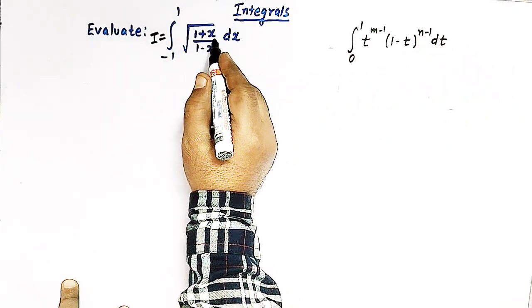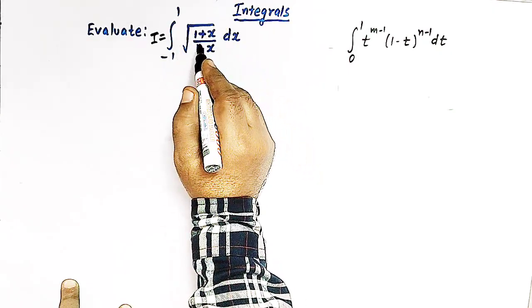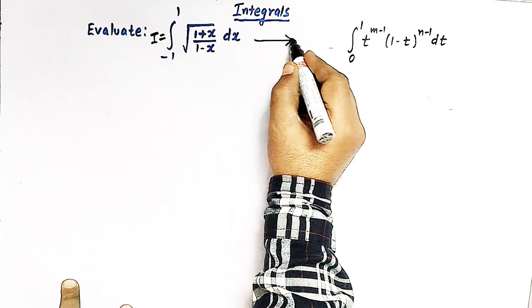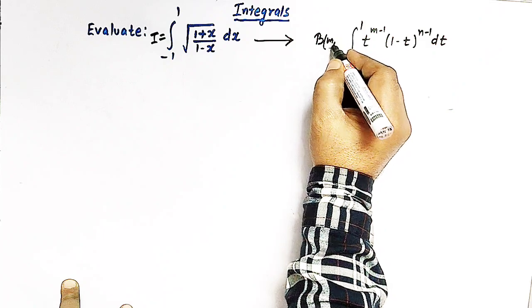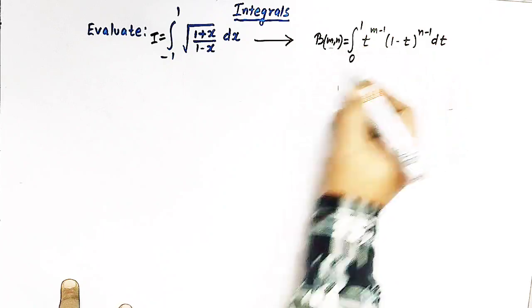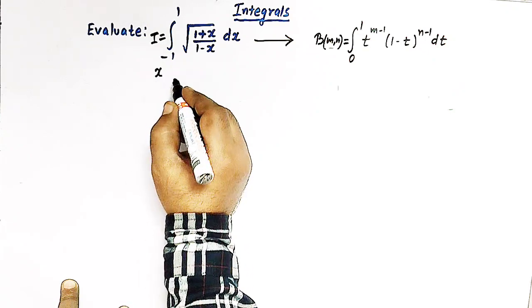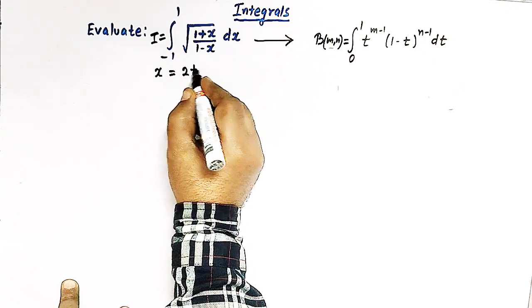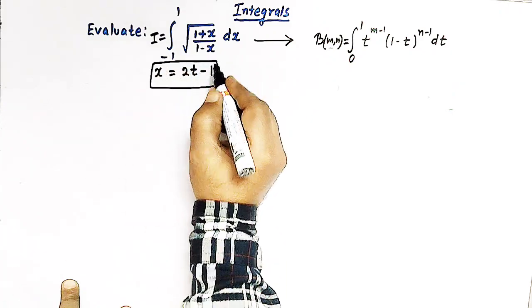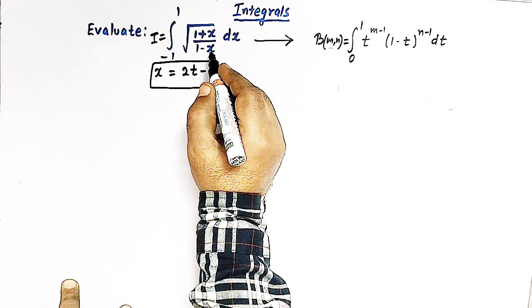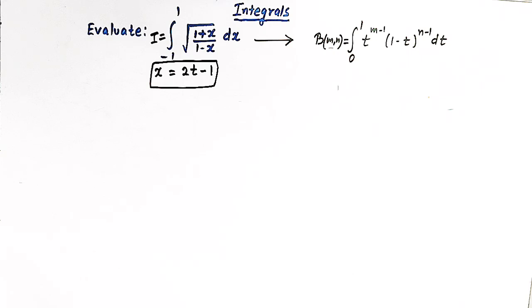This integral is known as a beta function, that is beta(m, n). So let us substitute x equals 2t minus 1. This is the important substitution which we are going to use to convert this integral into a beta function.